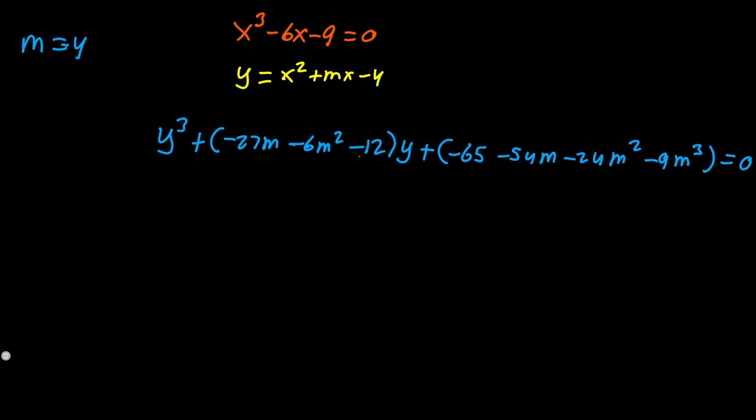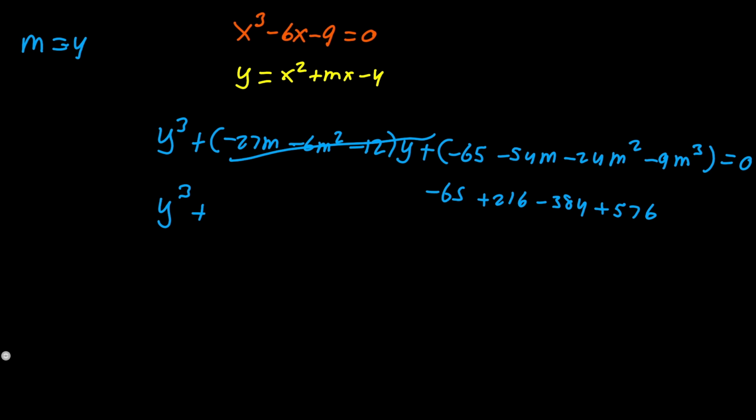And now we simply see that our y term will vanish, and we simply have to calculate what the constant is. So we have y cubed plus negative 65, and negative 4 times negative 54, that is plus 216, and 24 times 16, that is 384, so that's minus 384, because the negative 4 becomes a 16 when squared, and 9 times 64, they're both negative, so it's plus 576.